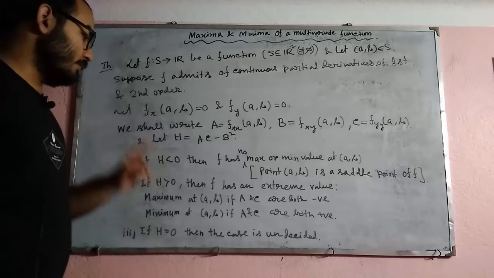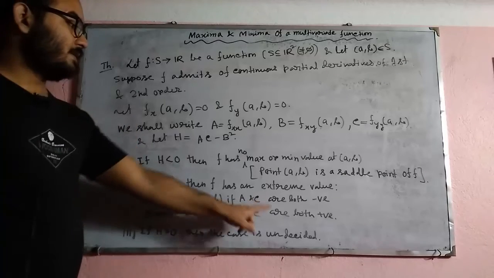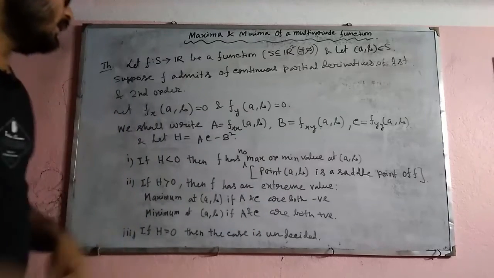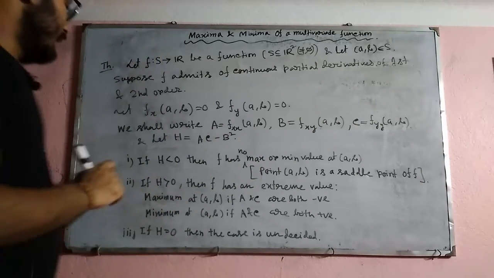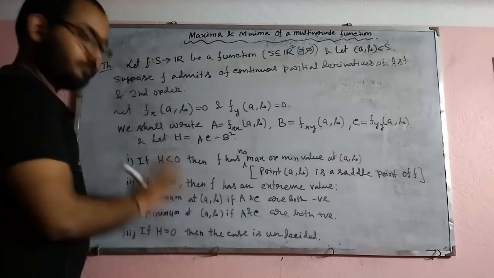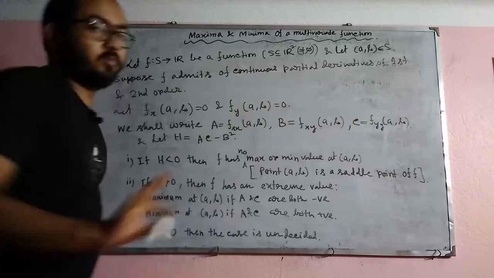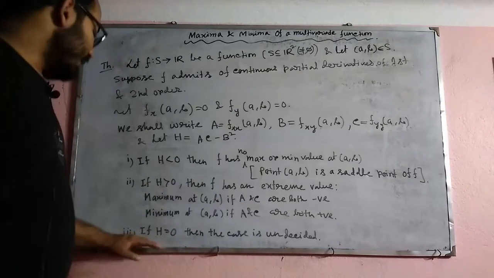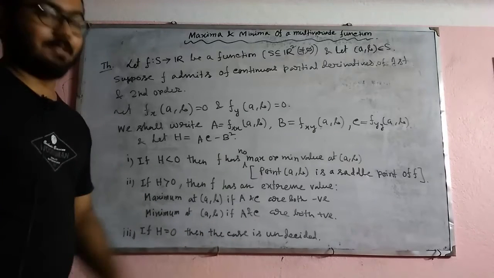The value is maximum if A and C are both negative, and minimum at (a, b) if A and C are both positive. If H equal to 0, then the case is undecided.